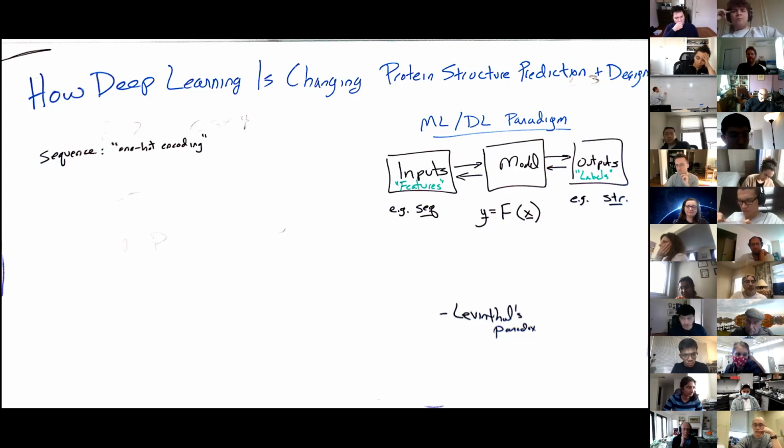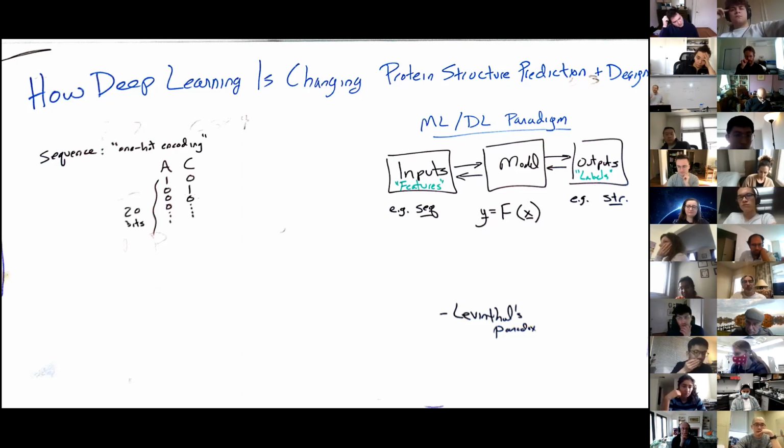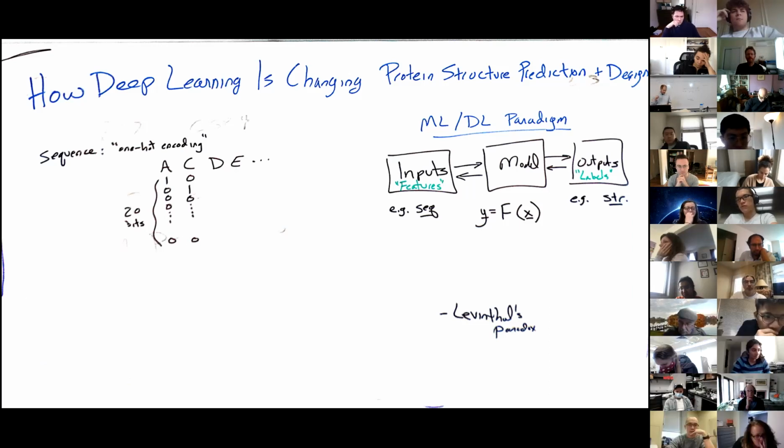For an alanine, you're going to have 20 bits. For an alanine, you'll put a 1 in the first slot and then 20 zeros. And for a cysteine, you'll put a 0 in the first slot and a 1 in the second slot, etc. So we would basically have a binary code, 1 or 0 in each of 20 slots to indicate each amino acid. So that's called one hot encoding.